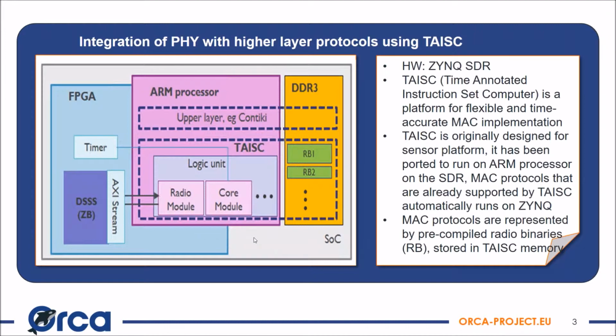There are some dedicated hardware modules such as timer or some PHY transceiver accelerators running on the FPGA to support the execution of the MAC protocol running on the Zinc SDR platform with the TISC platform.